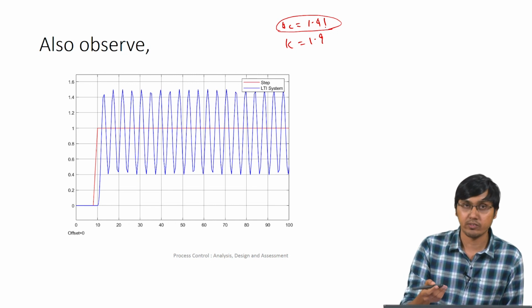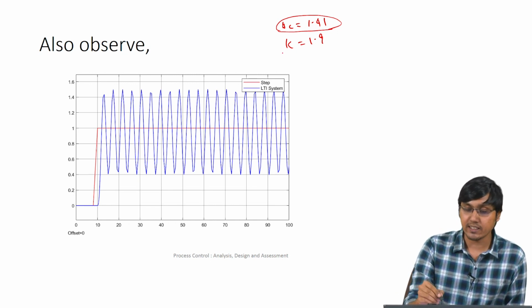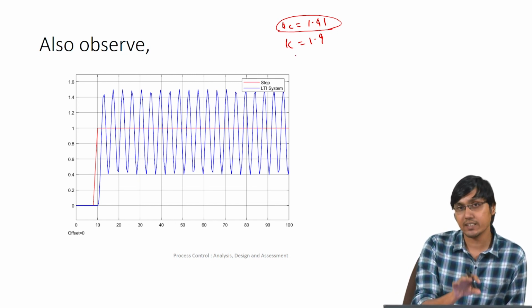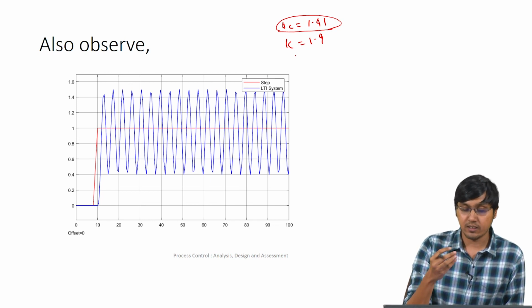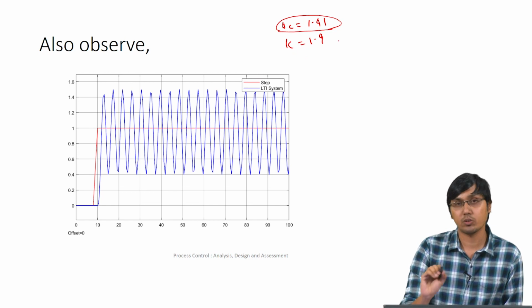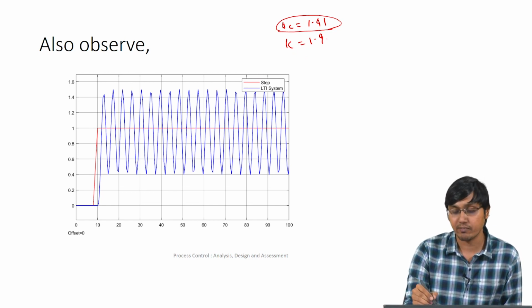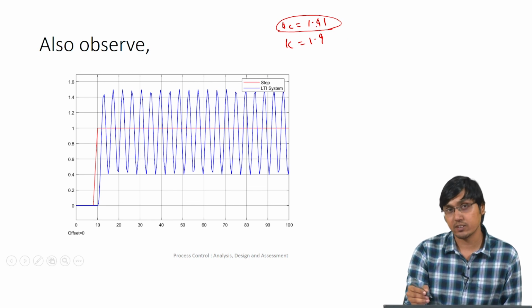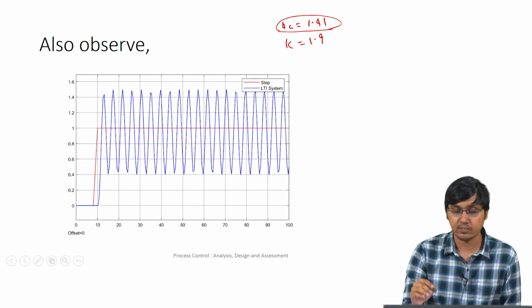So that's what we saw. This critical frequency tells us the frequency at which the system will oscillate when the gain is increased to 1.9. When the gain is equal to the critical gain, that is when the system will oscillate at the critical frequency. That's something you can think of.